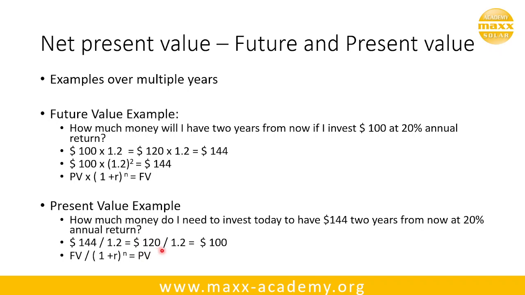And then we take that amount again divided by 1.2, and that gives us our investment that needs to be done today. So we say future value divided by 1 plus your annual rate of return, to the power of the number of years, and that gives you your present value.